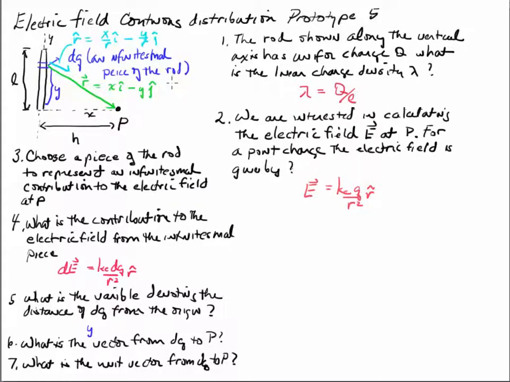And if I wanted to get the unit vector, remember that all I have to do is divide by the length R. So the unit vector is equal to x over r i hat minus y over r j hat. Now you should be able to figure out what R is in terms of x and y.